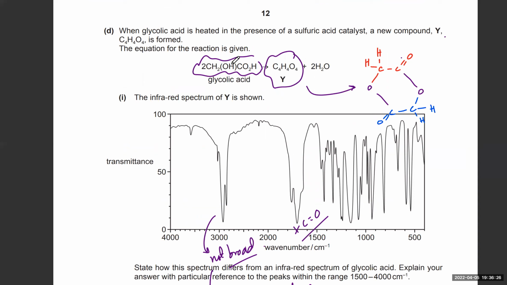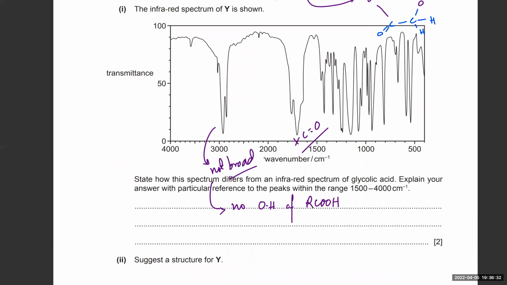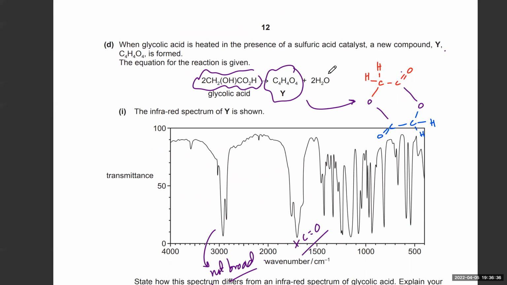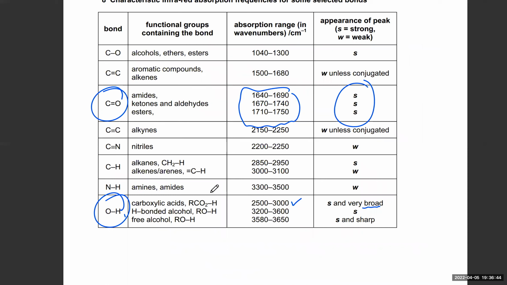The way it's going to differ is, firstly, this molecule over here has OH groups. So one major difference between these two molecules is that it's got an OH group. And it's got both types of OH. It's got a primary alcohol, it's got a carboxylic acid OH as well. So you're going to write that you're going to get this absorption in the 2500 to 3000 range. It's going to be strong and it's going to be very broad.